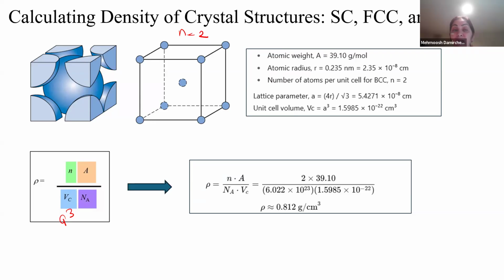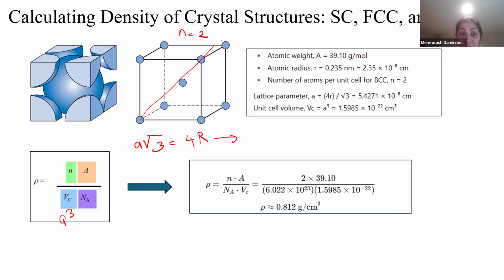And again, as I talked about in the previous video, we focus on the more packed direction. That is the diagonal of the cell. It should be this. And if you remember, it was A root 3, and it is 4R again.